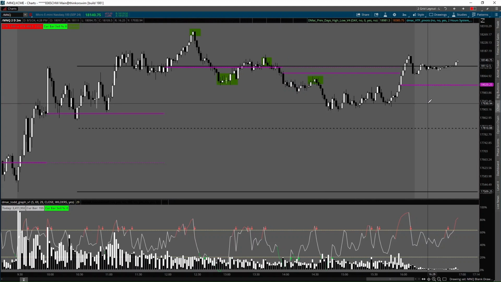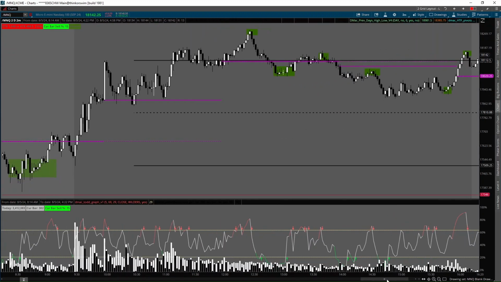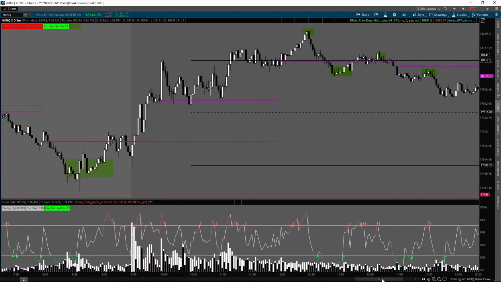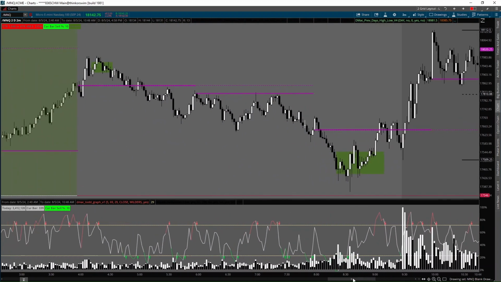All right. So the lower the time frame, the more noise there is going to be, meaning you have far more candles, so it's going to be a lot busier on the chart.